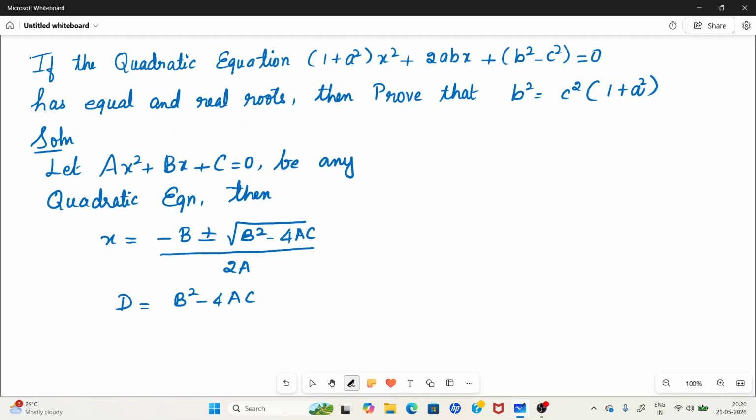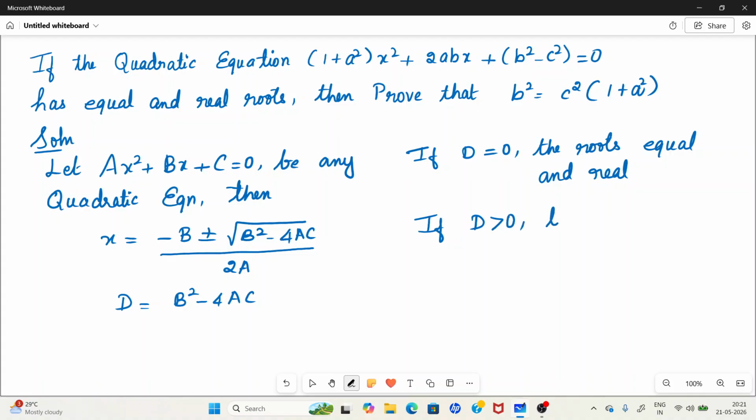There are three cases. If D = 0, the roots are equal and real. If D > 0, the roots are real and distinct.